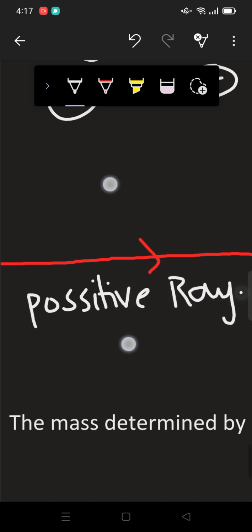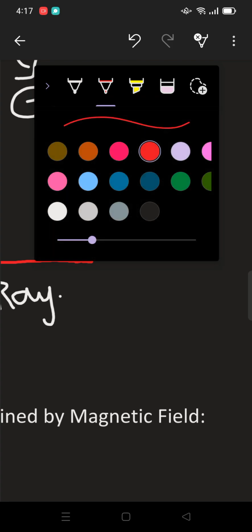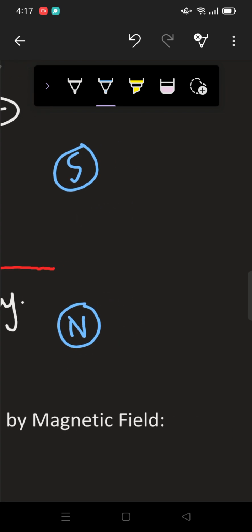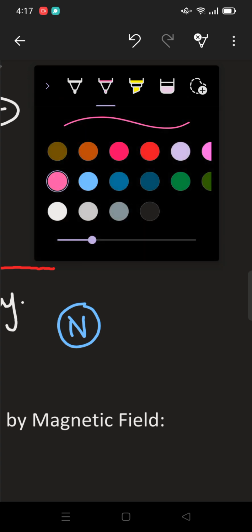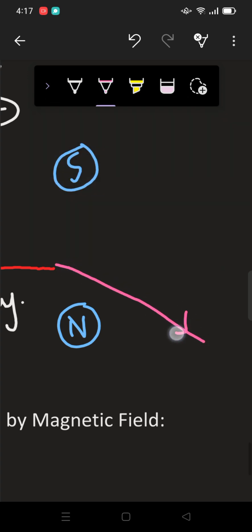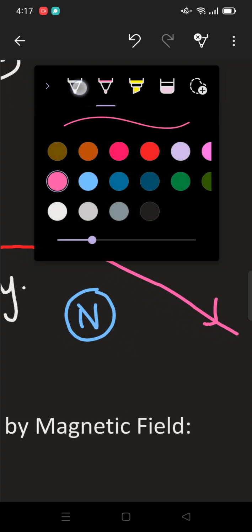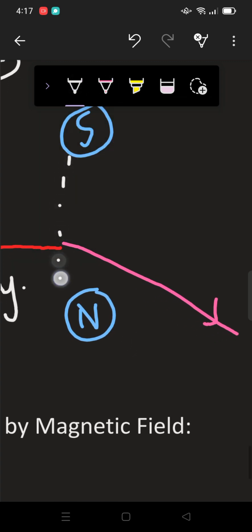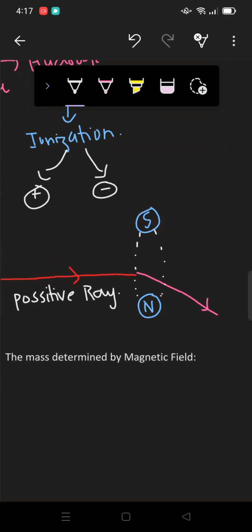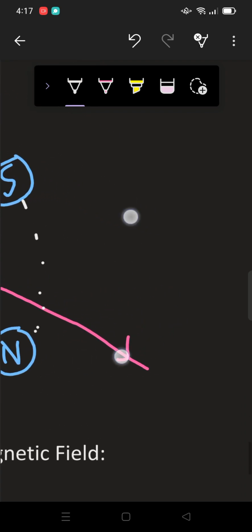When I made this pass through the magnetic field, we have north on the upper side, but I'm making south on the upper side and north on the downside. We know that anything that has mass will be attracted towards the north, so this ray was attracted towards the north. This has proved that this positive ray has mass as well.